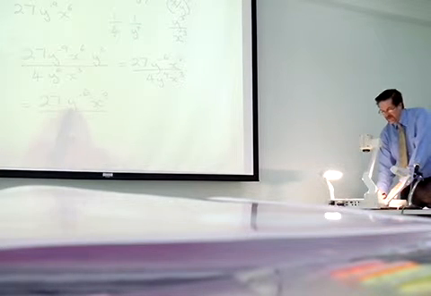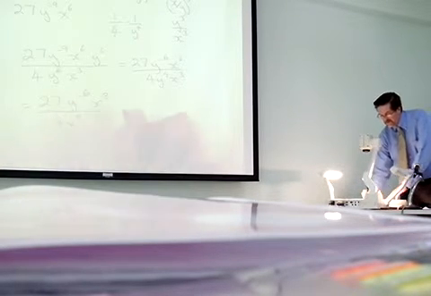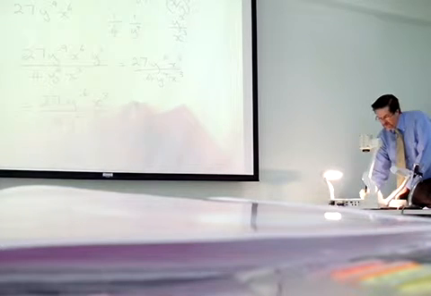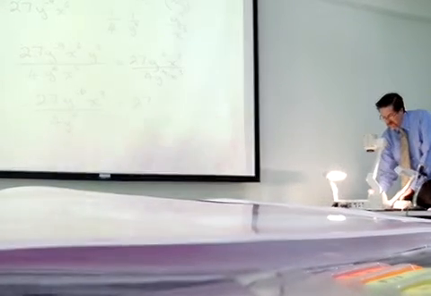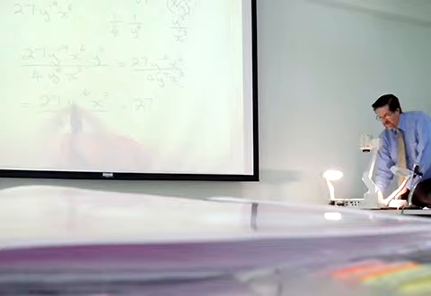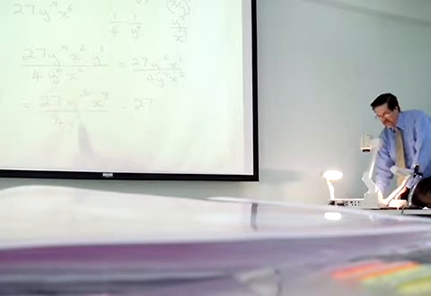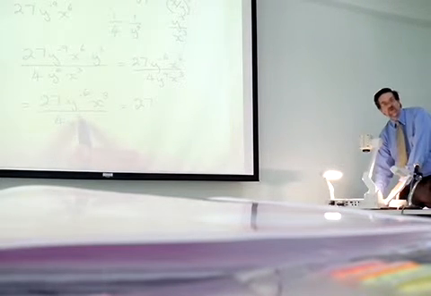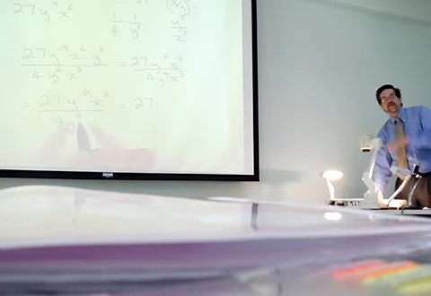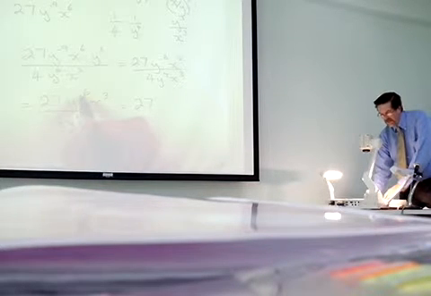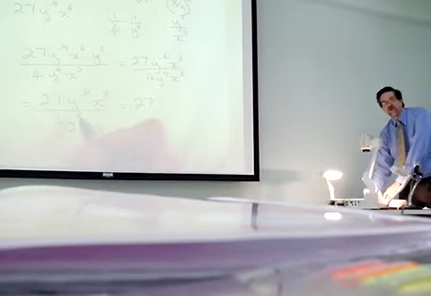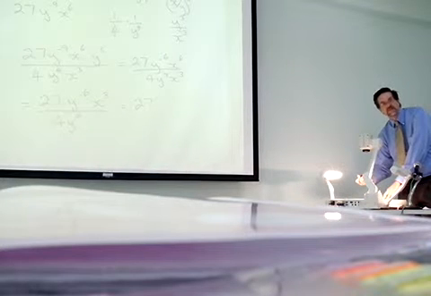And then the last thing is the y's. So 27, and then what would it be? 4. Y to the negative 6 minus 4, right? Because we're dividing. So negative 6 minus 4 is negative 10.